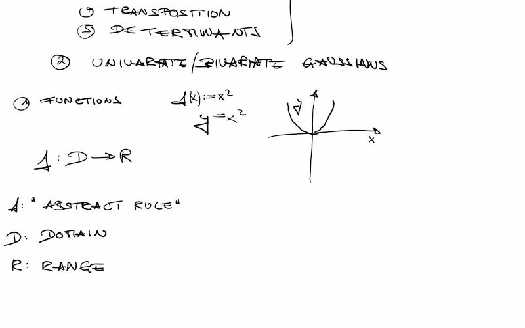So in this case here, the values that you can put in are real numbers, and the values that you get out are real numbers, although not all possible real numbers do you actually get as an output here, because you only get positive or 0 for the x squared.